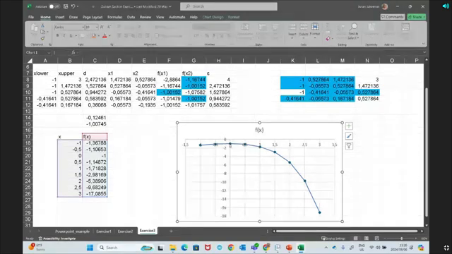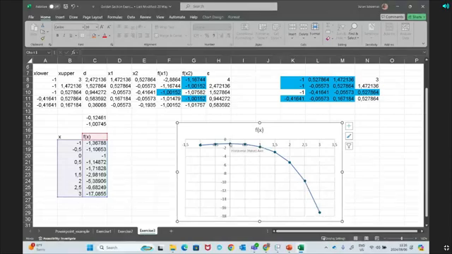So it's -1 that gives us the max value, and the Z value, we could have checked what the Y value there is.